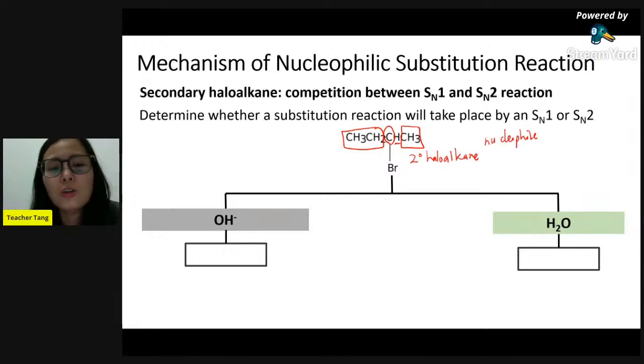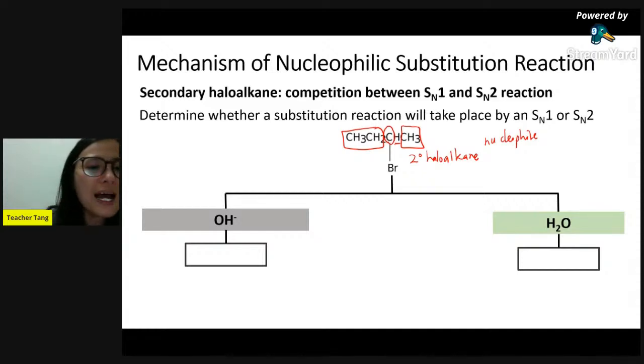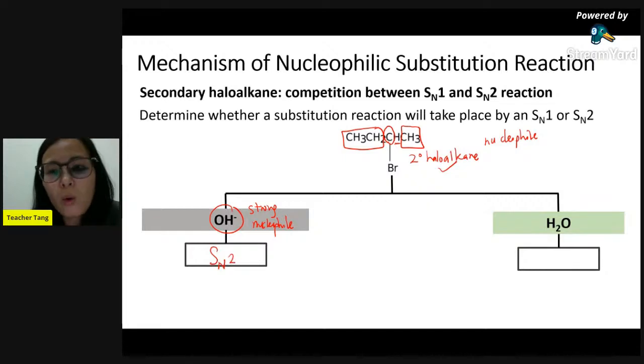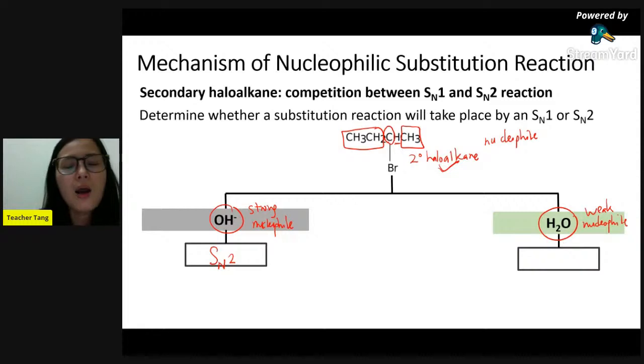Hydroxide is a strong nucleophile, so the reaction will proceed through the SN2 mechanism. Water is a weak nucleophile, so the secondary haloalkane will proceed through the SN1 mechanism.